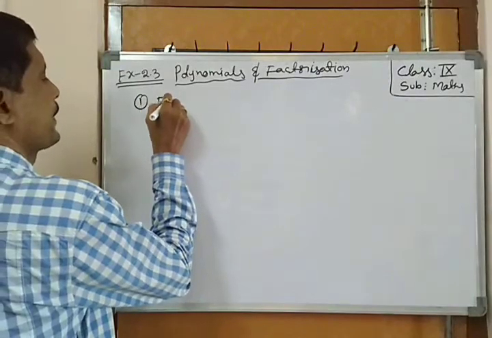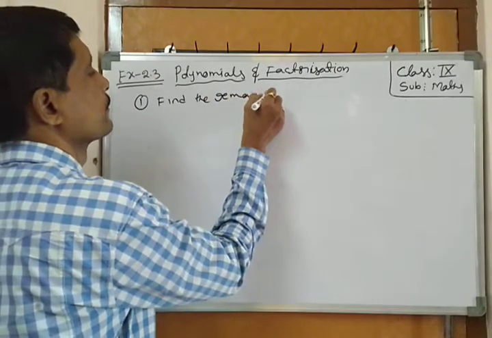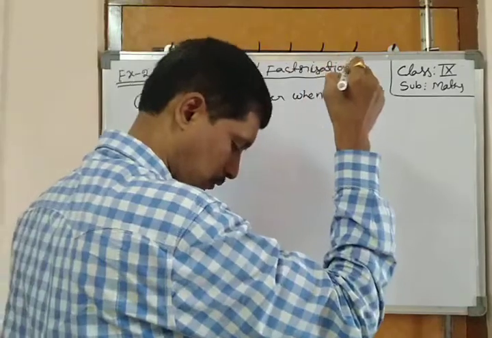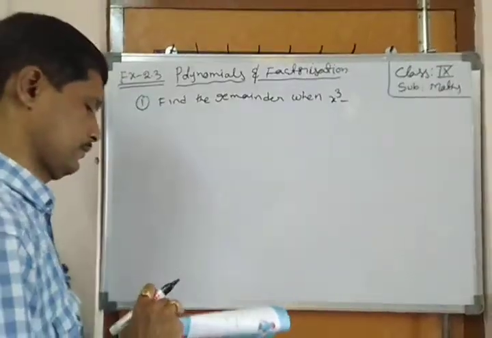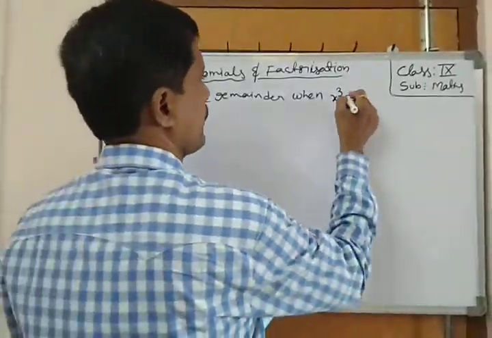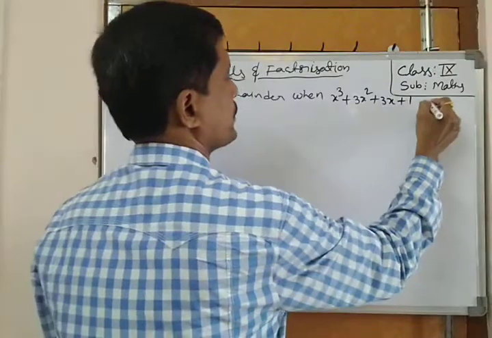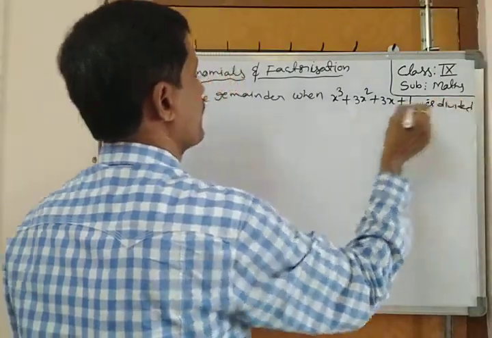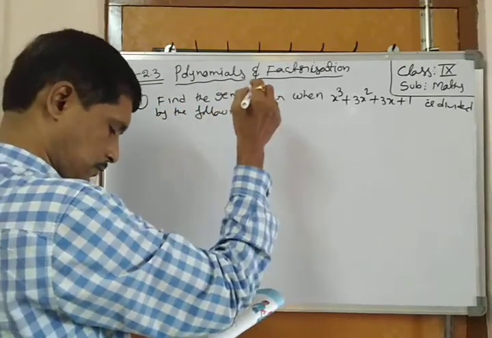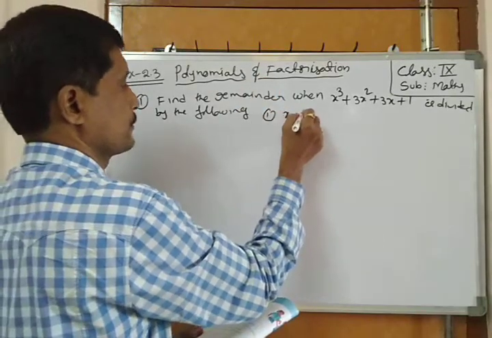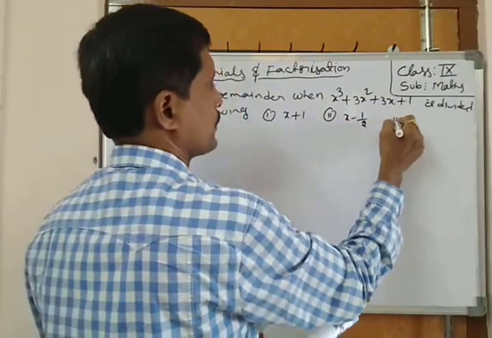First question: find the remainder when x cube plus 3x square plus 3x plus 1 is divided by the following linear polynomials. The first one is x plus 1, the second one is x minus 1 by 2, the third one is x.